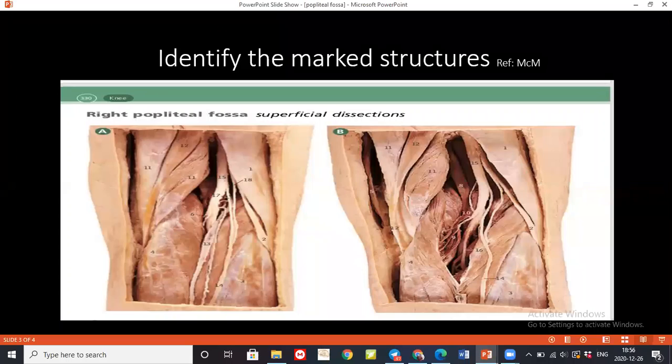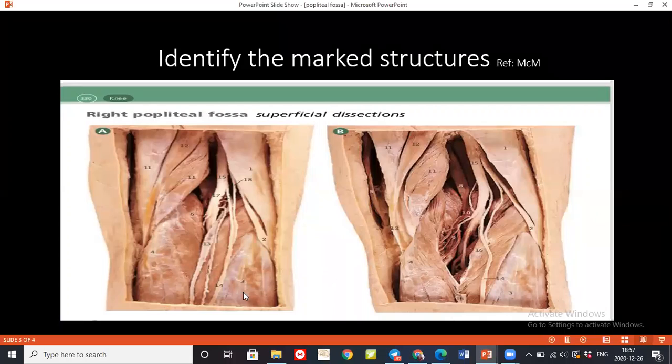All right. Sixteen was tibial nerve, muscular branch.